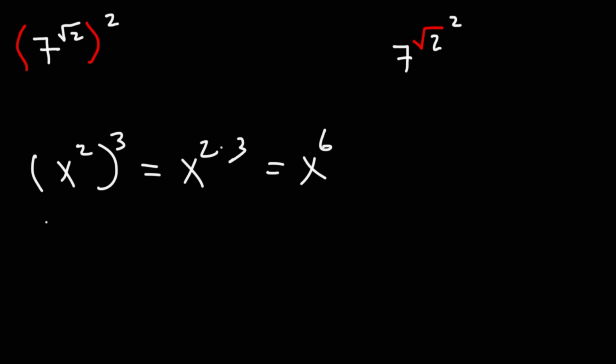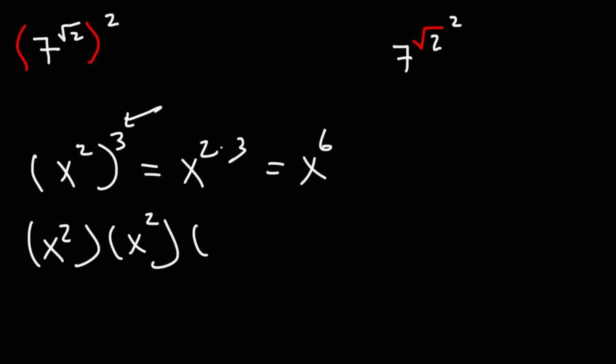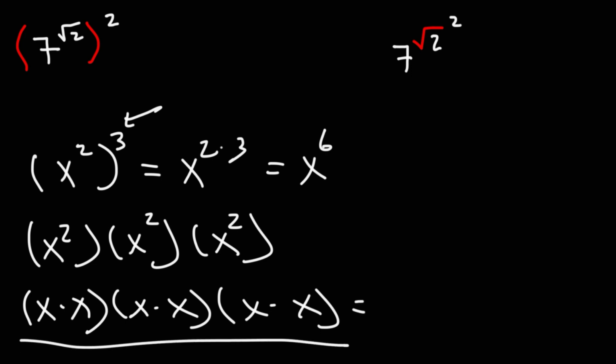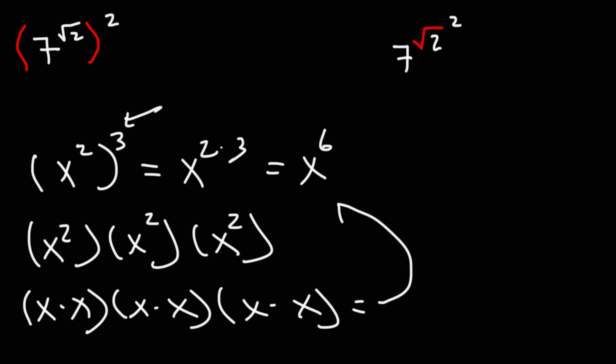Another way to see this: the 3 means that you have 3 x squareds, and each x squared term is basically x times x. So notice that we have 6 x variables being multiplied to each other, which is x to the 6th power.